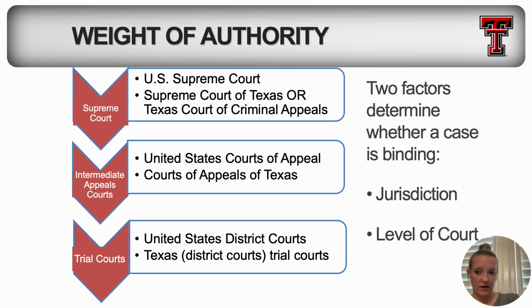If we're working within a trial court, whether at the federal or state level, opinions that are coming from a Supreme or intermediate appeals court are going to be mandatory. So again, thinking about what specific jurisdiction you're in, and then not only that, but also the level of court that you're working within, and whether that level of court is mandatory for the court that you are working within.